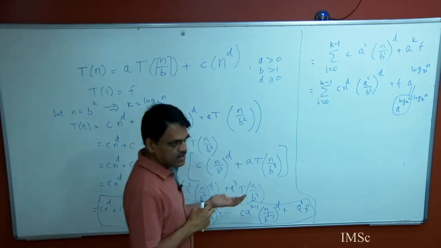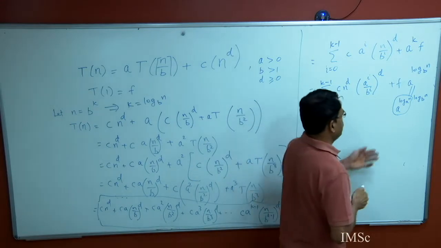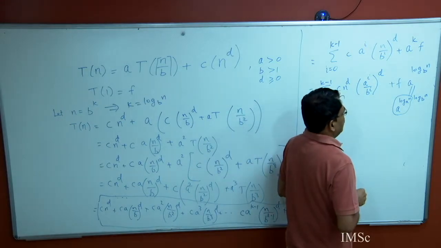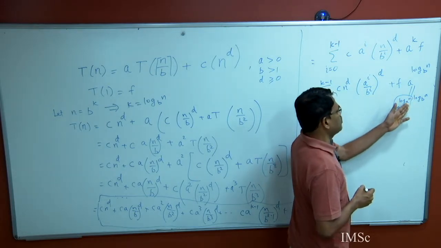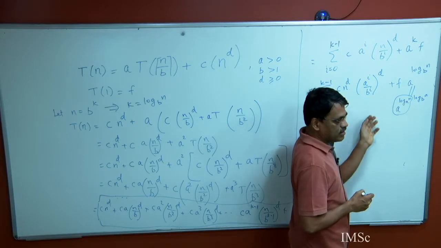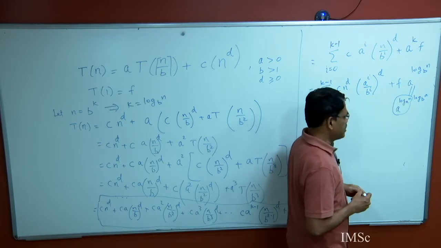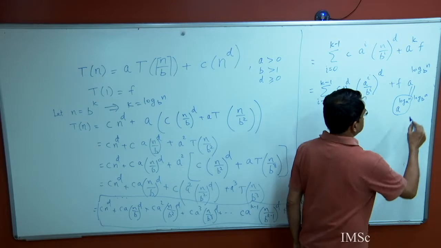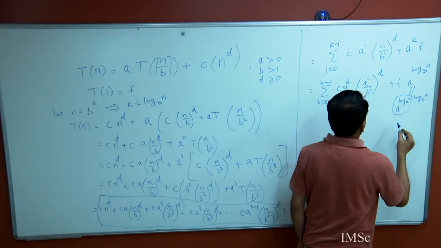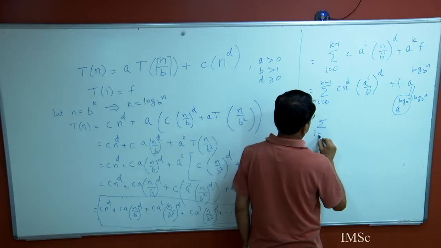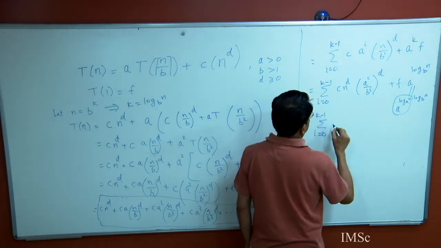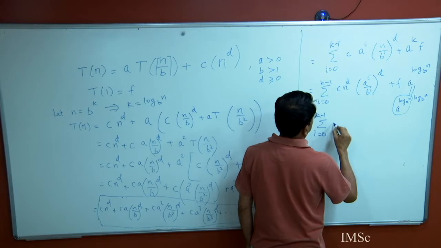Because this is exactly the definition of log: anything power log n to the base that is n. So this is n power log A to the base b. Okay, so that's going to play a big role now. Let's see. I don't know whether I wrote this in a nice form the way I wanted it, but let's see.